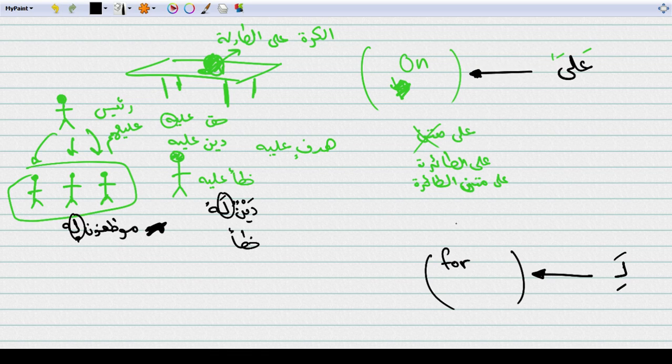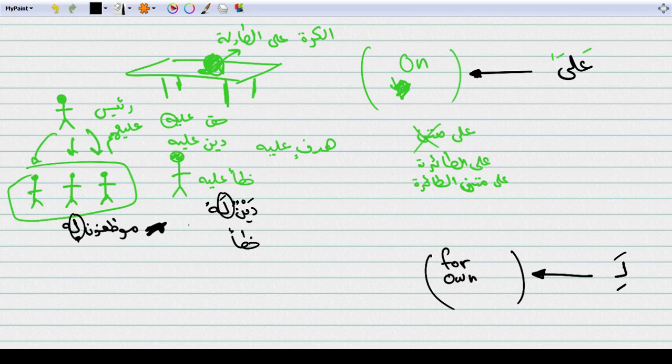Now there are other meanings for this la. What we discussed now is for, but we can also discuss to own something. That's another sense.